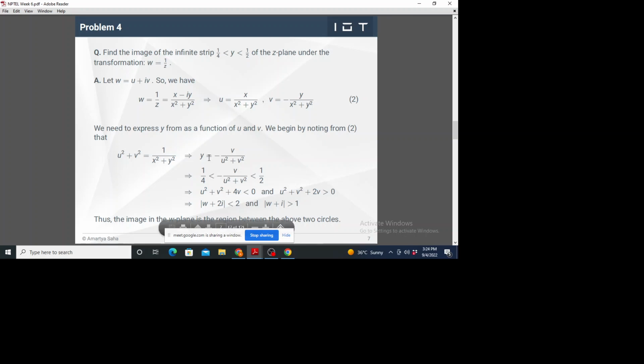So y is minus v divided by u square plus v square, and now we use the restriction that is imposed on y. So simple. Again, as you see, since y is less than half but greater than 1 by 4, the same thing is applied for this function of u and v, and then simple algebraic manipulation.